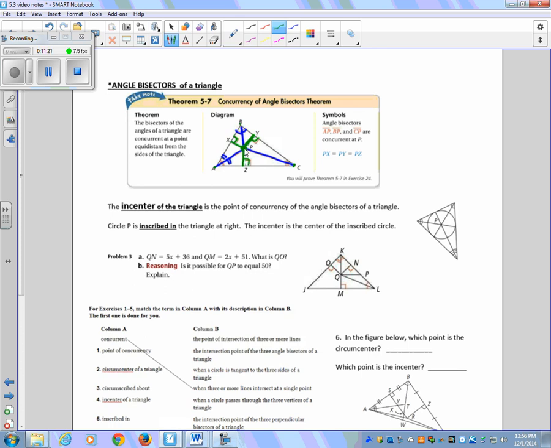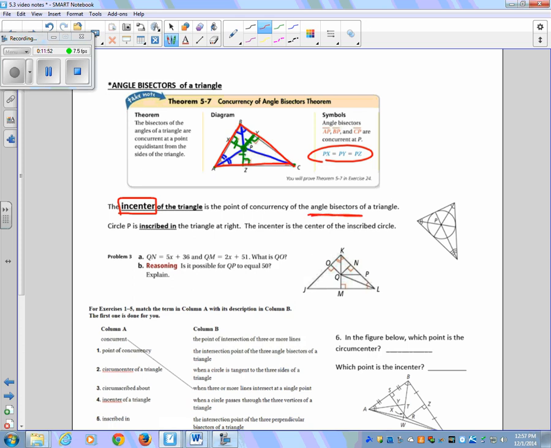Well, with angle bisectors, that point of concurrency is equal distance, not to the vertices this time, but to the sides of the triangle. Equally distant to the sides. That point of concurrency is called the incenter. So the incenter is where the angle bisectors of a triangle meet.